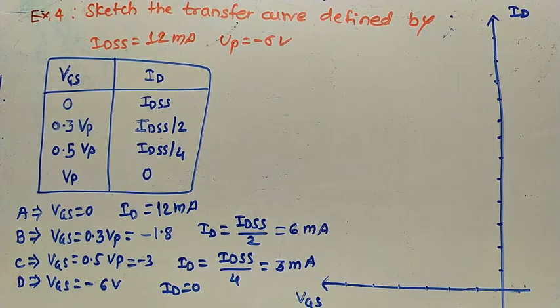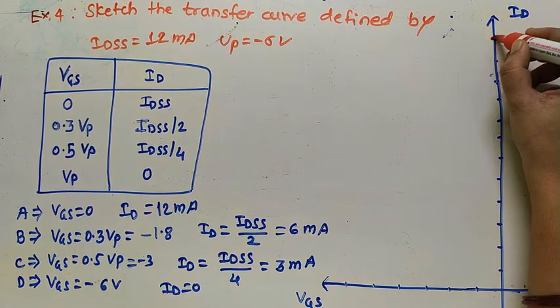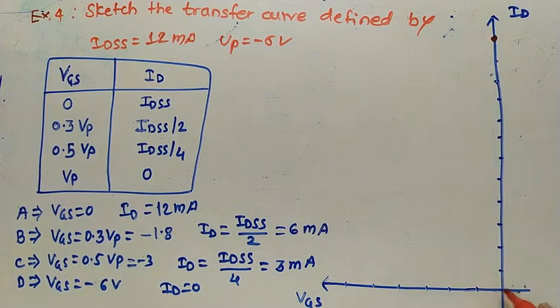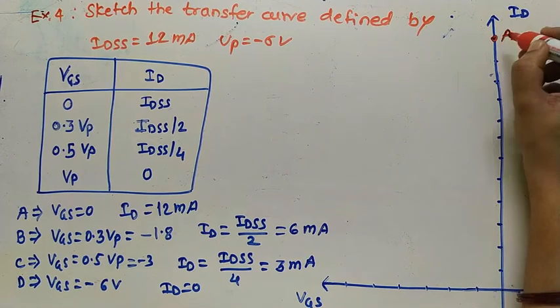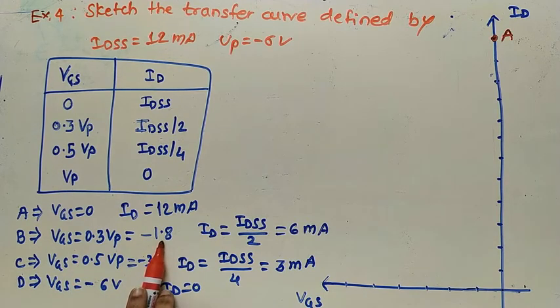We will plot these 4 points, and then join them to get the transfer curve. The first point is A. When VGS is equal to 0, ID is 12 milliampere, so 12 milliampere is this point, and VGS is 0, so our point A is at this location. Point B is when VGS is equal to minus 1.8 and ID is equal to 6 milliampere.